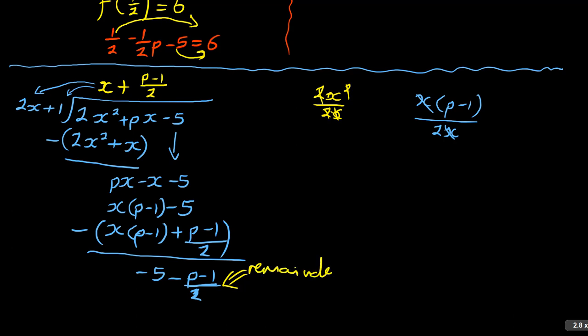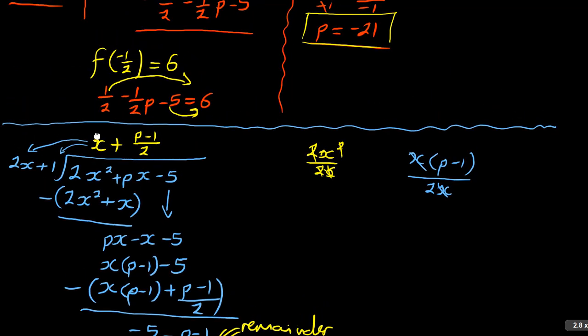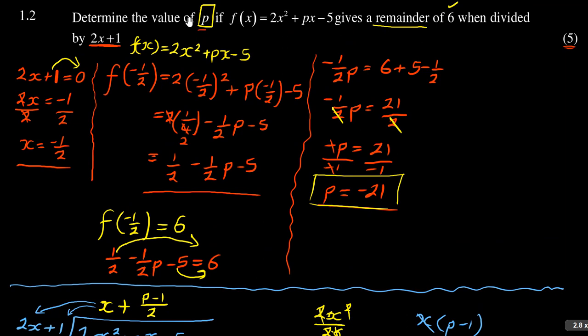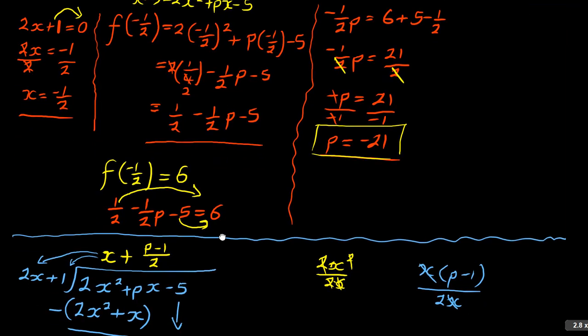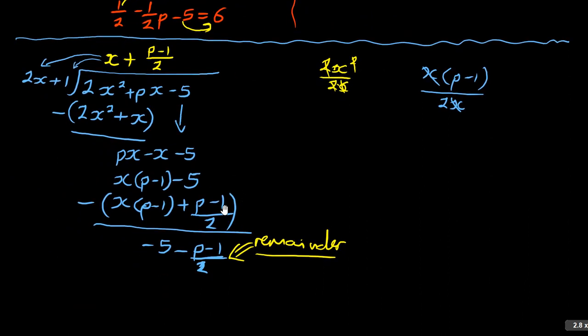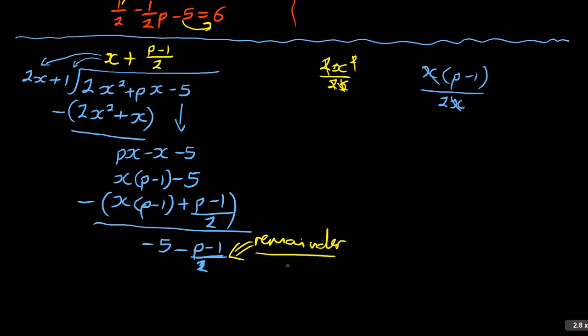So if I go back to the question, it says determine the value of p if that gives a remainder of 6 when divided by that. So they are telling us, in actual fact, we were supposed to get a 6 here. That remainder is equal to 6. But the remainder, remember, is in terms of p.